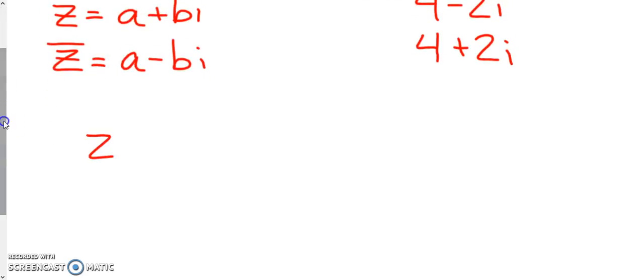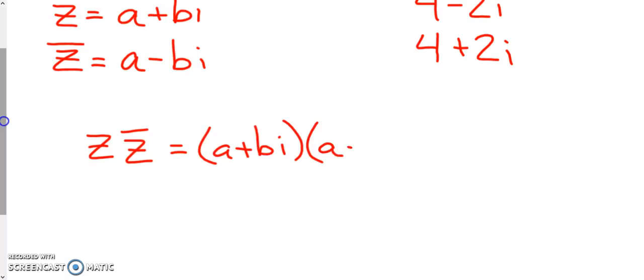So if I take z times z bar, or a plus bi times a minus bi, let's observe what happens. FOIL that for me, please.